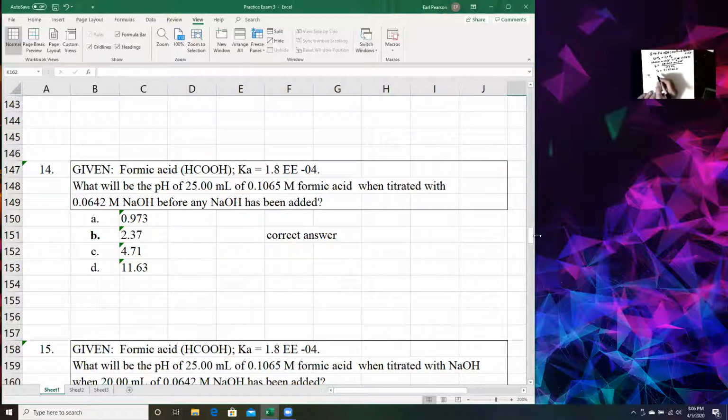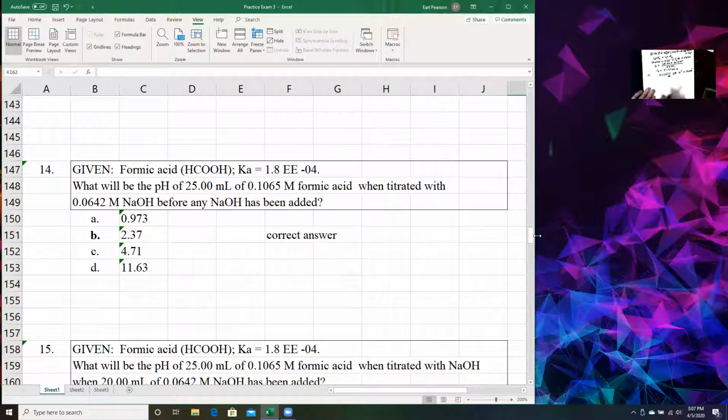So before any base is added, all we have going on is the hydrolysis of that weak acid, HCOOH. It's going to dissociate in an equilibrium to H plus and HCOO minus. It's this proton here that comes off to make the H plus.